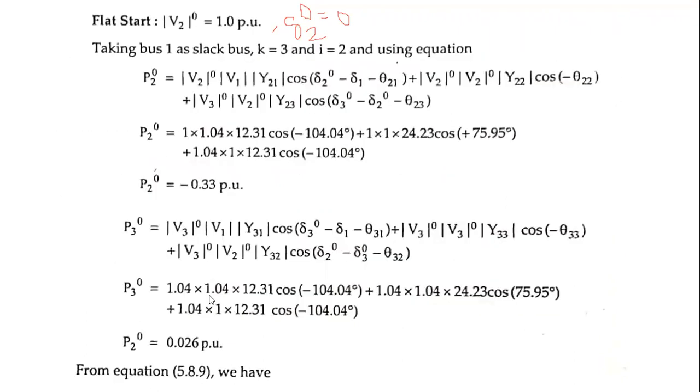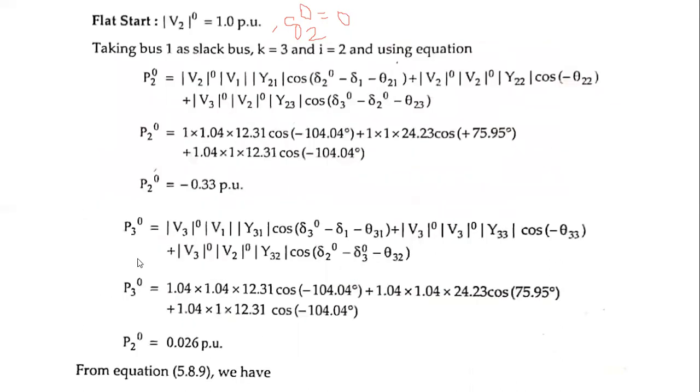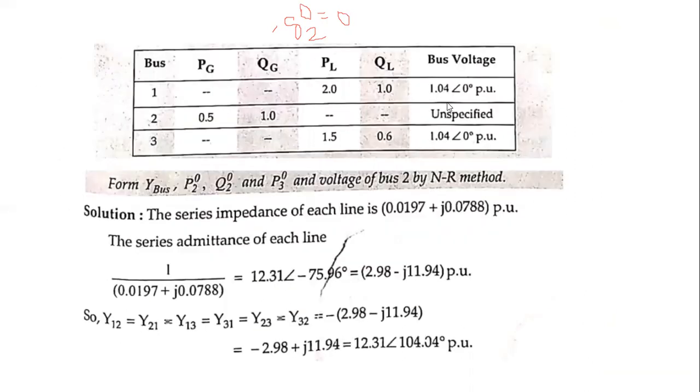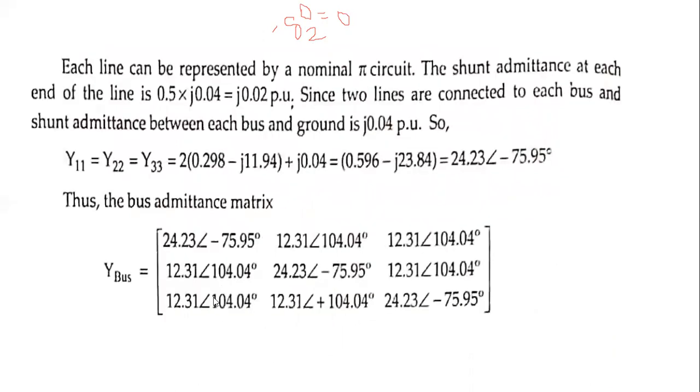Next, Y31 is 12.31, cos of delta 3. Delta 3 is equal to 0 degrees; delta 2 is an unspecified value, and delta 1 is equal to 0 degrees. So cos of delta 3 minus 0 minus delta 1, where delta 1 is also 0, minus theta 31.